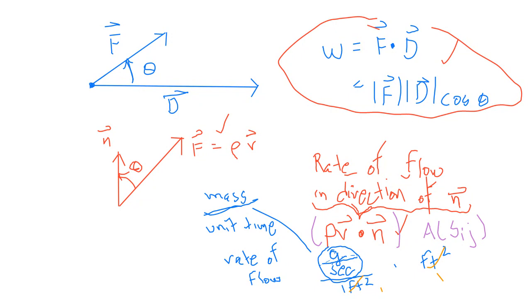The rate of flow of the fluid with that density in the direction of the normal vector can be found by taking the dot product of rho times the vector field with the normal vector and multiplying it by the area of the ijth patch. And that's how that works.